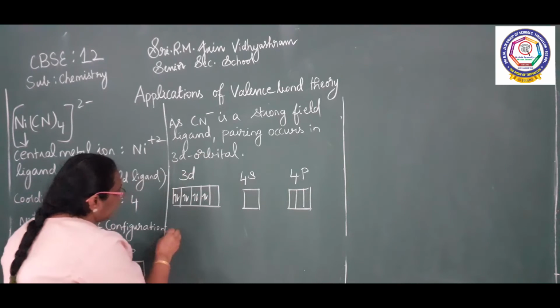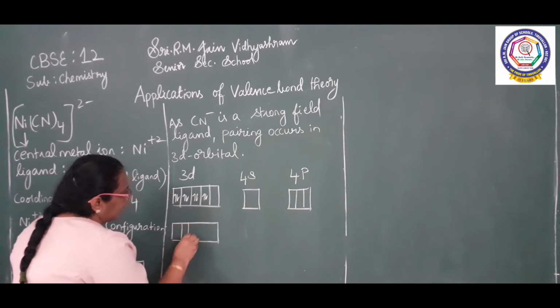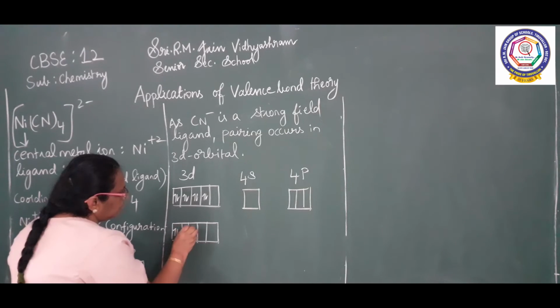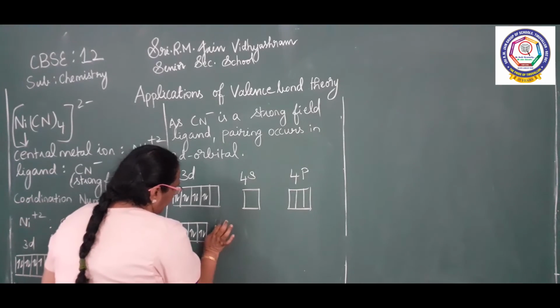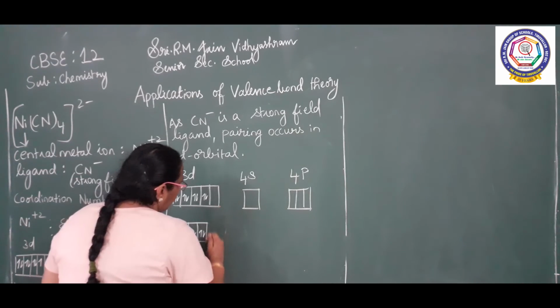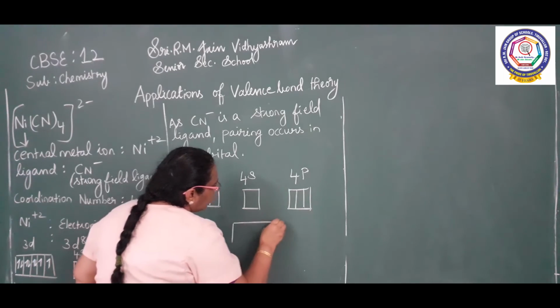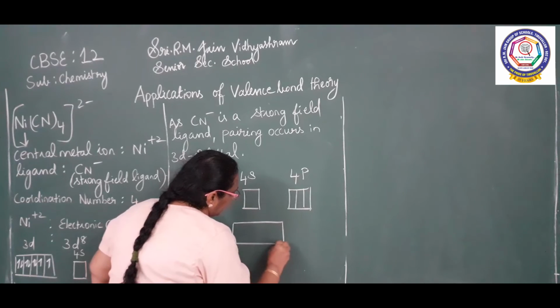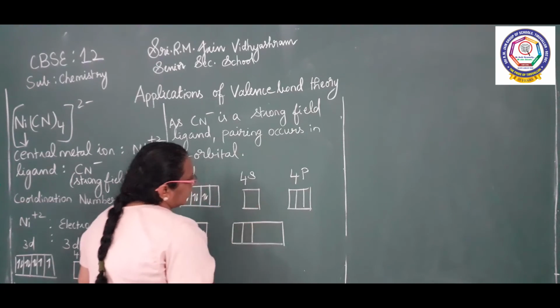So what is the next step? Draw the filled, paired electrons. 1, 2, 3, 4. Okay. Now we are going to make use of the vacant d orbital. How am I going to use it here? One d orbital is vacant here, I am bringing it here. One s orbital is already available, I am bringing it here.